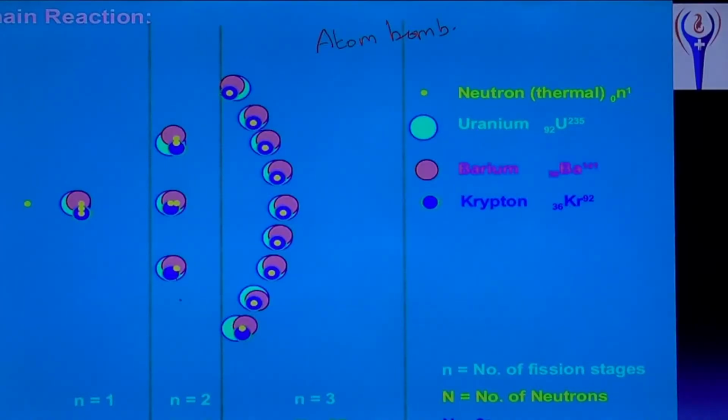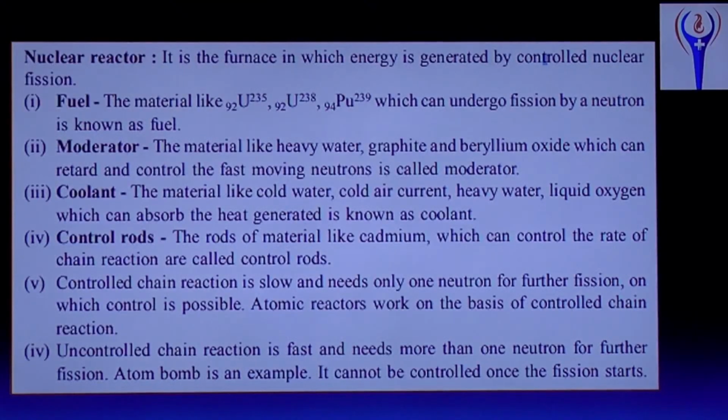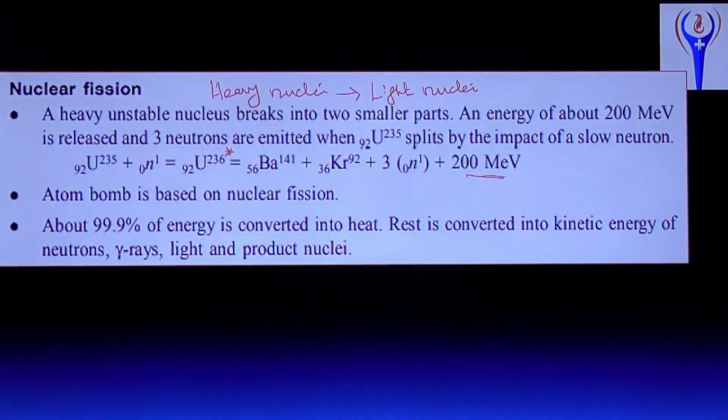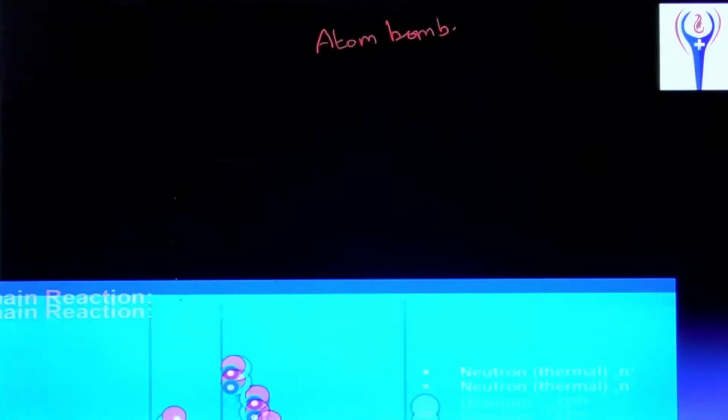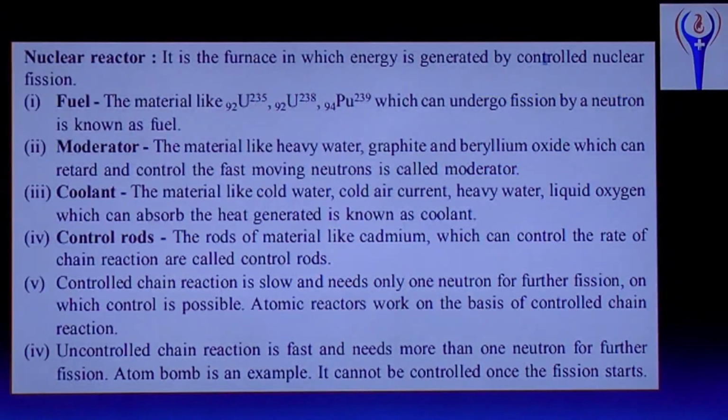A nuclear reactor is one in which energy is generated by controlled nuclear fission. We said 3 neutrons are emitted, and at every stage 3 neutrons means it goes like a chain reaction that leads to an atom bomb, a big explosion. And if it is controlled, then that is called a nuclear reactor.